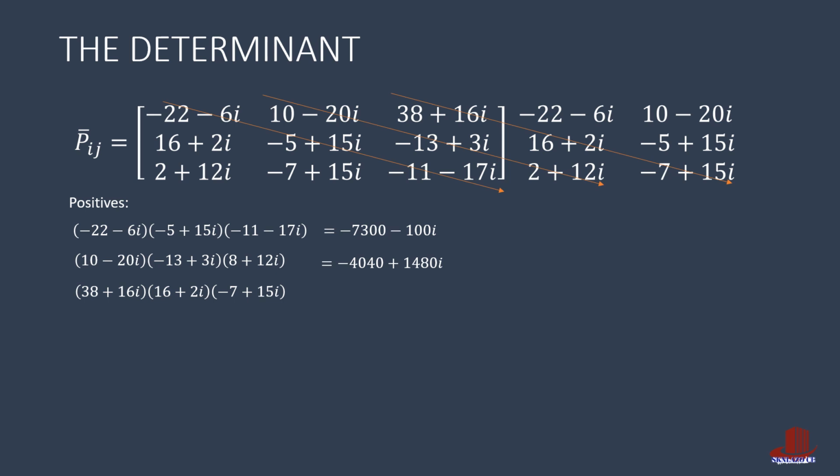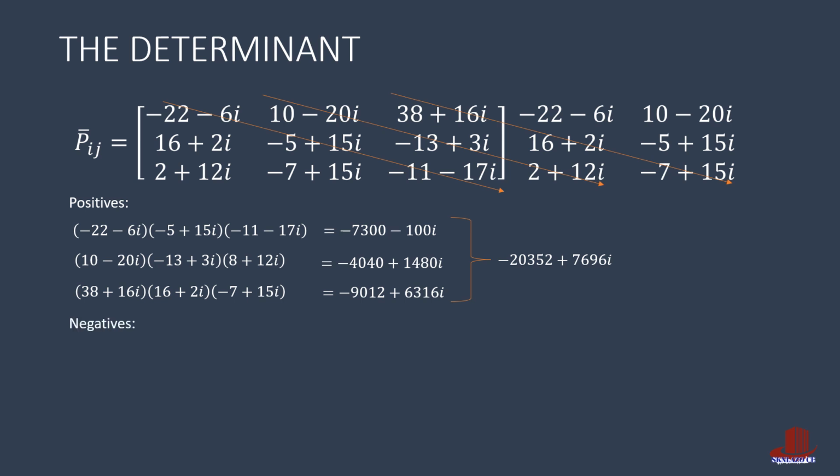By multiplication, the product comes out as negative 9,012 plus 6,316i. Add the positives and get negative 20,352 plus 7,696i.